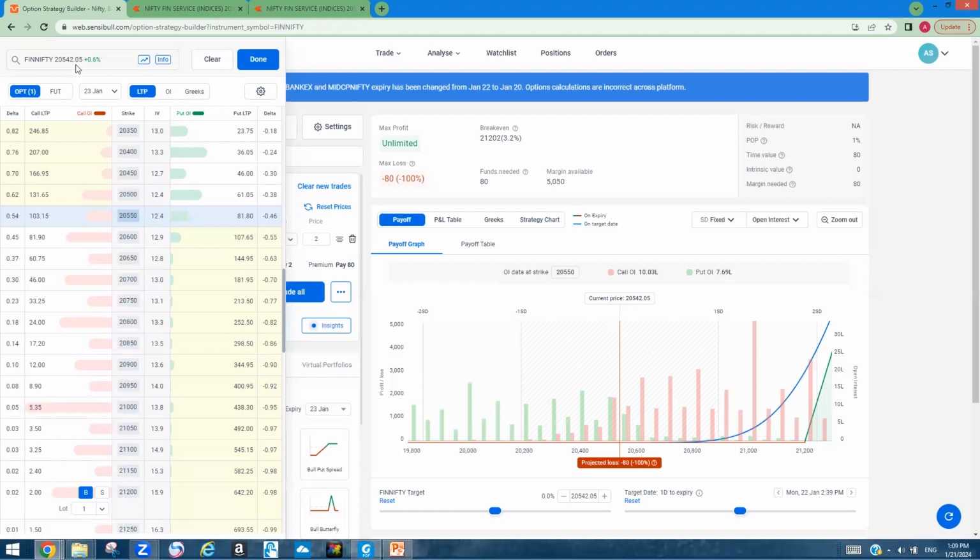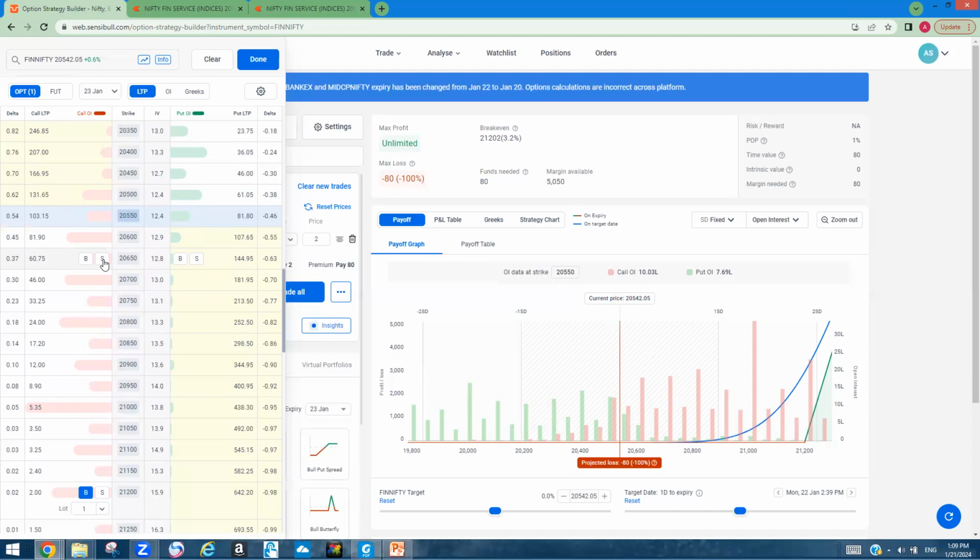So if Nifty is still at 20,542, maybe you will get something around 40 to 60 rupees, because by that time some decay has already happened in the options. So for example, I sell this one, which is at a 60 rupees price.